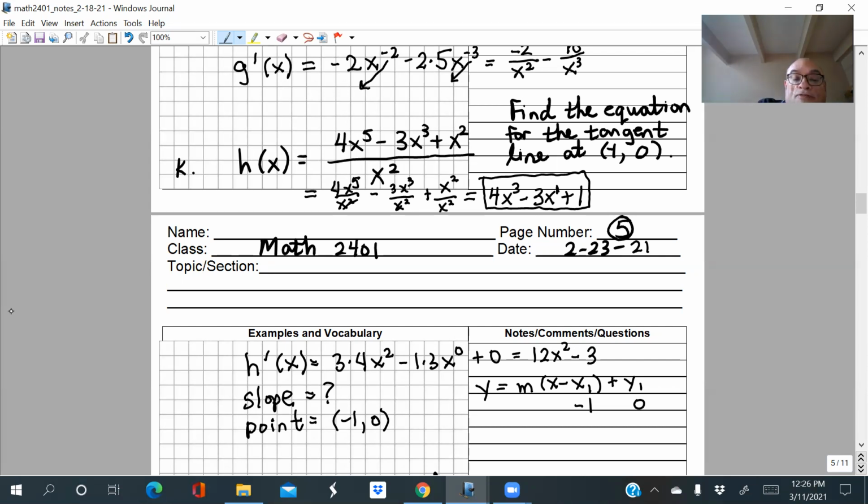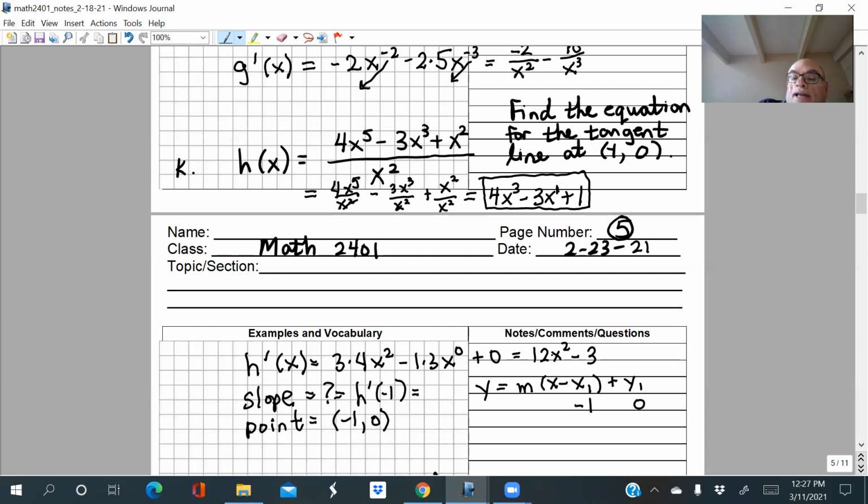So you can find the slope of this tangent line in no exotic way at all. Just use your derivative function. We know the formula for the derivative function, and you want to evaluate it at this point, -1. So just calculate h prime of -1.